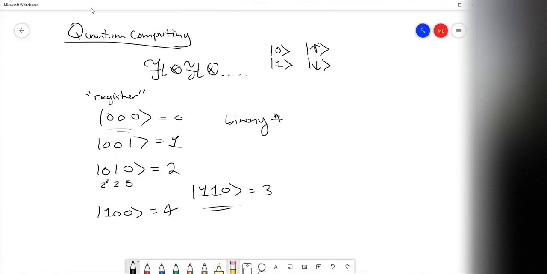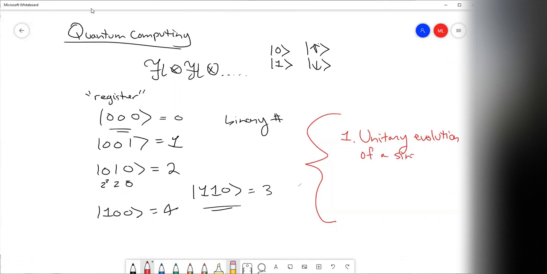You have the tensor product states, and you can have linear combinations of them as you would in a Hilbert space, and some linear combinations are entangled and some are not. And it turns out in quantum computing, you can prove pretty rigorously that there are only two things you can do. It's amazing, but true. One thing you can do is a unitary evolution of a single qubit.